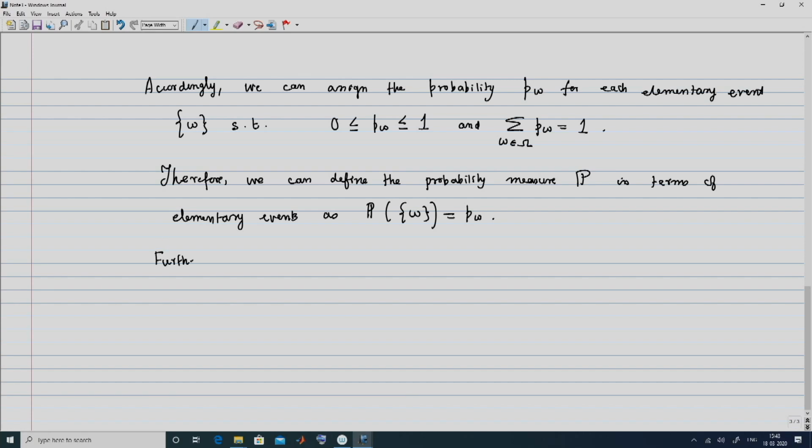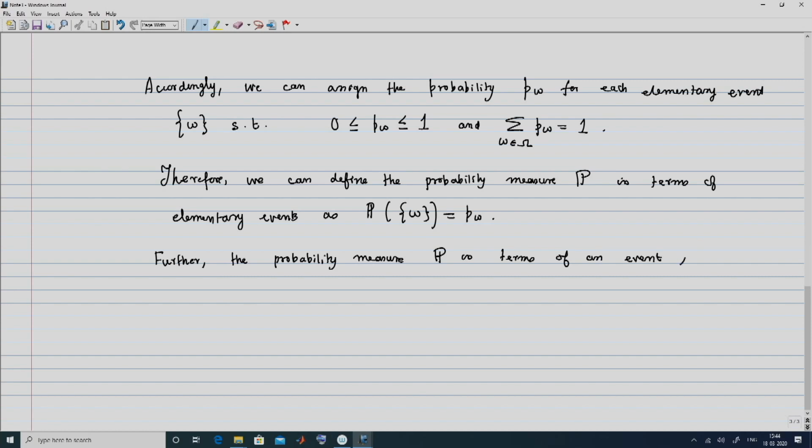Further on, I can make another statement about the probability measure P in terms of an event.